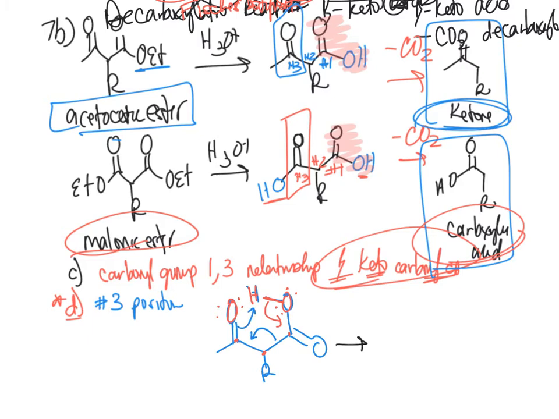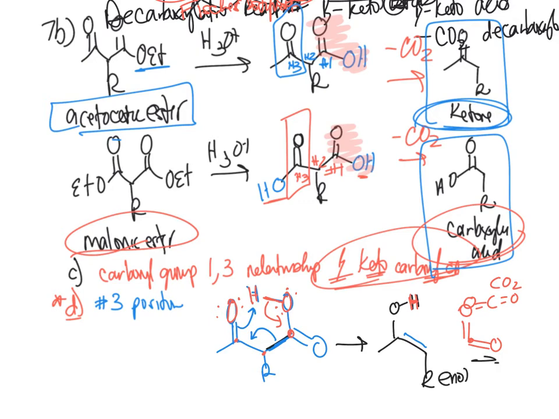When you do this, your number 3 carbonyl picks up that hydrogen from the carboxylic acid, and you now have this bond here, we'll make it blue, goes here, and then the carbon goes like that. So there's your CO2, the decarboxylation, and you'll see that this product is an enol.